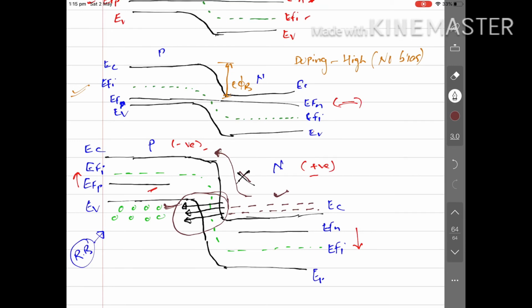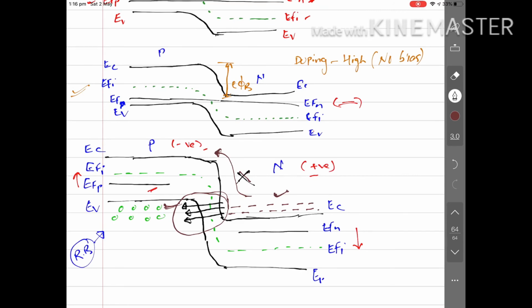So this happens in the tunnel diode as well, and in the Zener diode as well. So here you can see that the Zener diode works on the tunneling principle, right? In the Zener diode, when we increase the doping, the built-in potential increases, right?